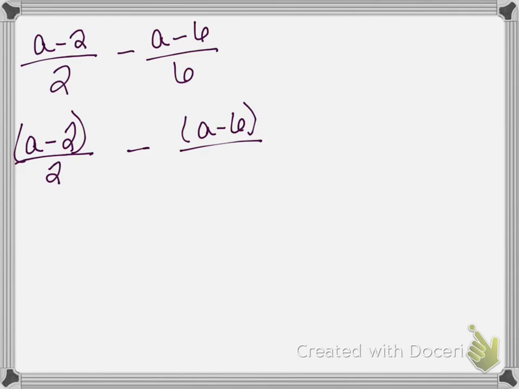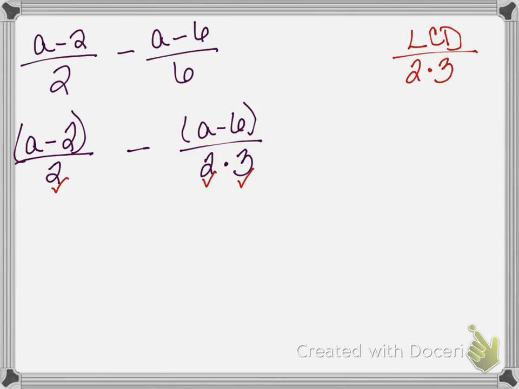I can break my 6 down to 2 times 3. So, when I am trying to find out my LCD, I write this 2 down first. I do not have to write that 2 down again because I've already accounted for a 2. But I do need to write down the 3.